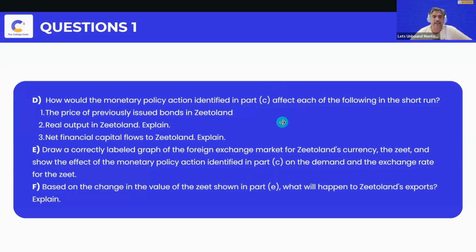Then it says based on the change in the value of the ZEET shown in part, what will happen to the exports, and we can explain that part as well, similar to what we have done in the above parts. So basically all these free response questions are broken down into at least 5 to 6 parts, and each part usually would get you 1 point, 2 points.